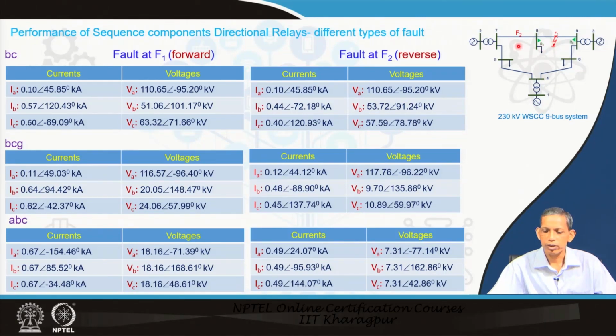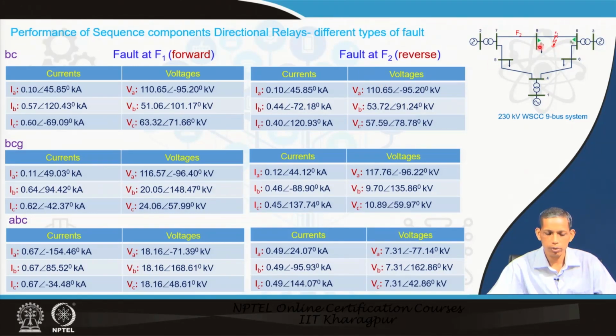So, forward fault and reverse fault. These are the sets of currents and voltages for both the forward and reverse fault cases for relay R1.